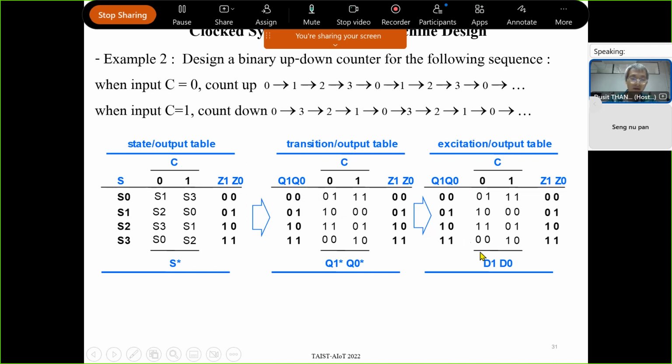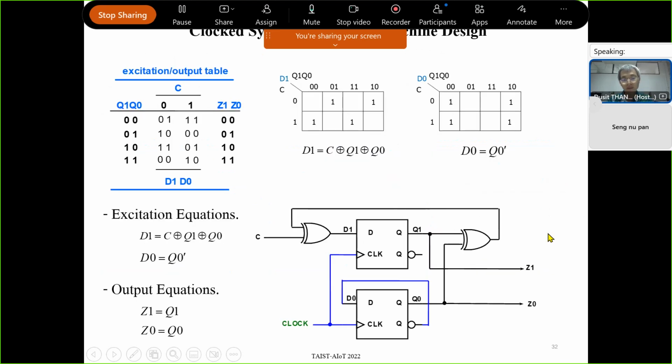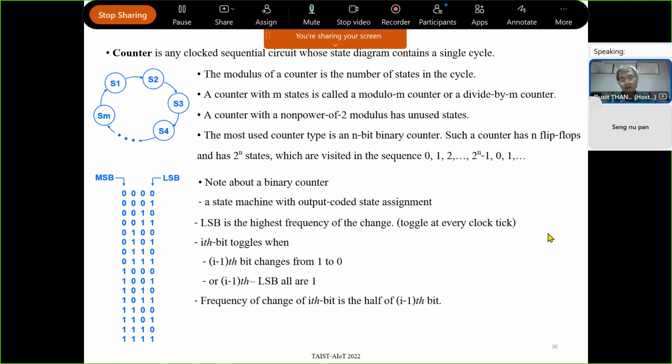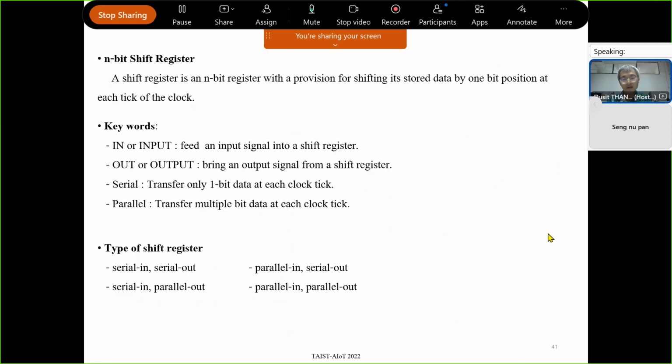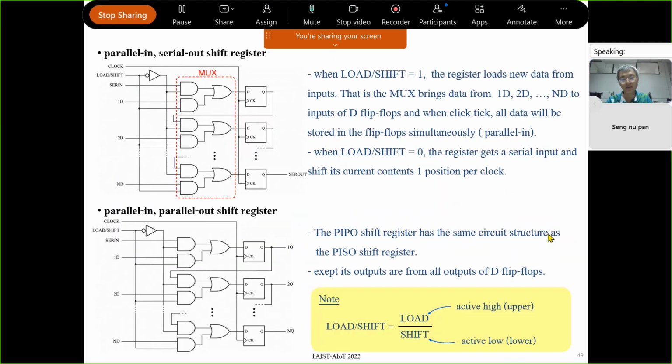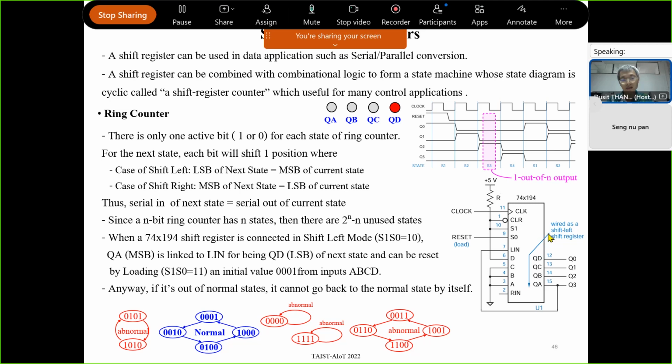After that, find the equations from this transition table or excitation table, and find the output equation, so you can implement the circuit. But for some systems, it's more complicated, and it's not suitable to use a method like that.